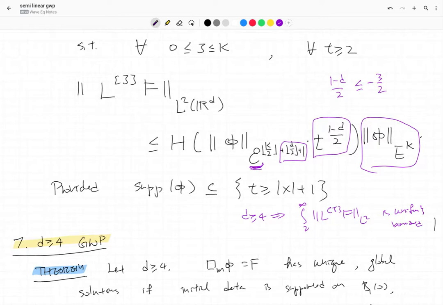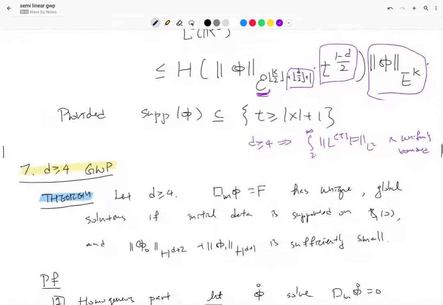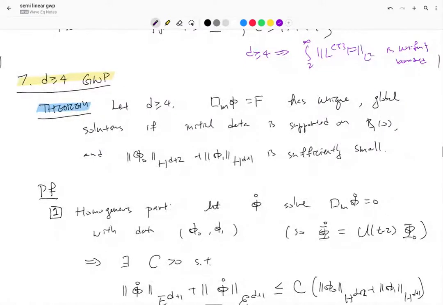But in 4 and higher dimensions, assuming that phi has bounded energy flux means that rho phi also is going to have bounded energy flux, by virtue of the L1, L2 norm of the derivatives of f.